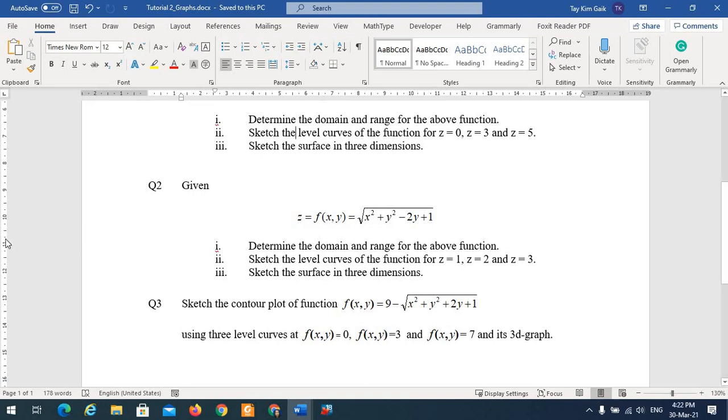Okay, question 2. Aaron, you try completing the square first.